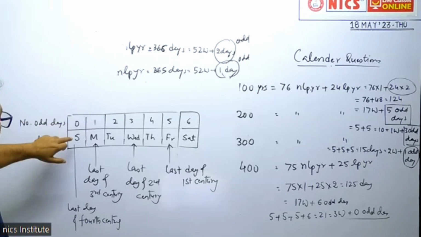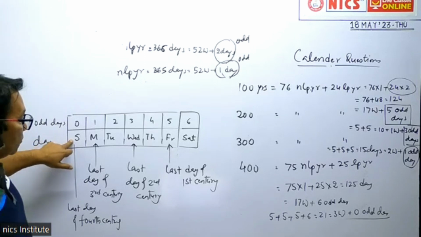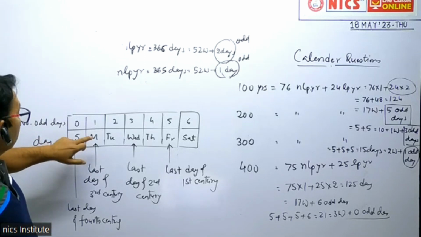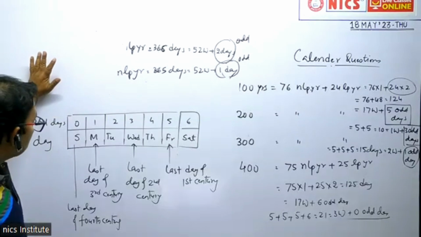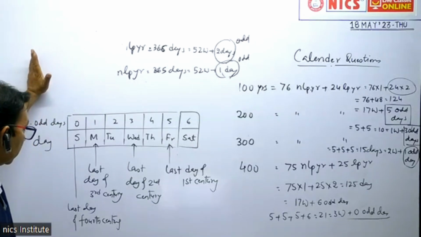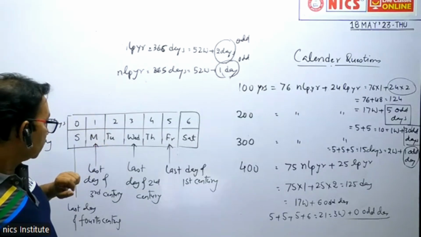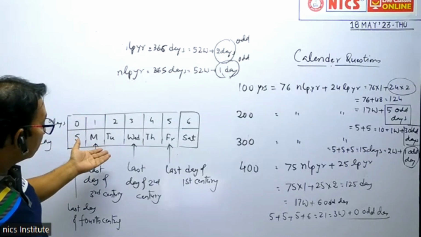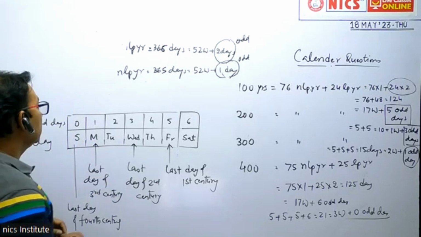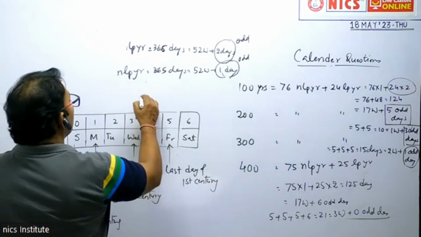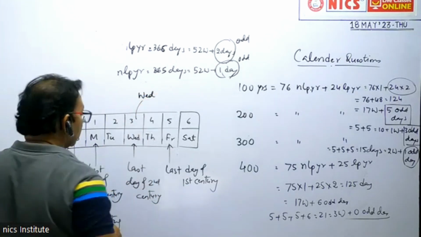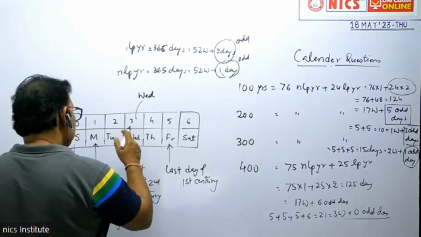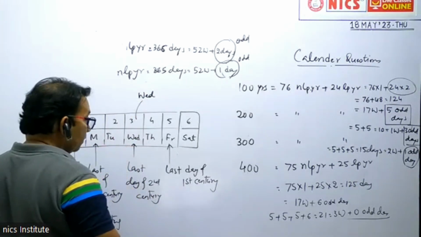Sunday can be the last day of a century. That means the first day of the next century could be Monday. Monday is also the last day of a century, it could be. That means Tuesday can be the first day of a century. But since Tuesday is never the last day of a century, that means Wednesday cannot be the first day of a century. Thursday can be the first day because the last day of a century would be Wednesday.